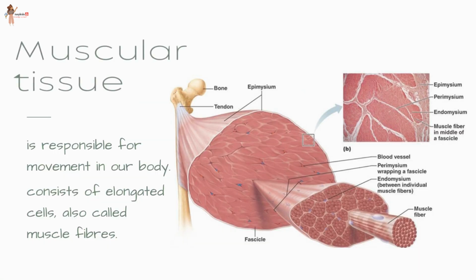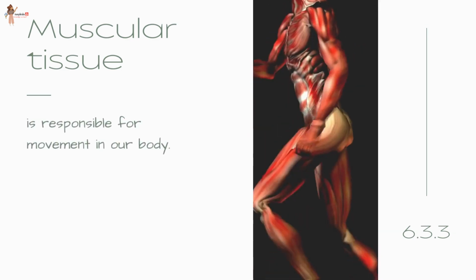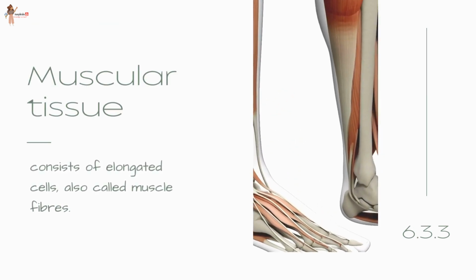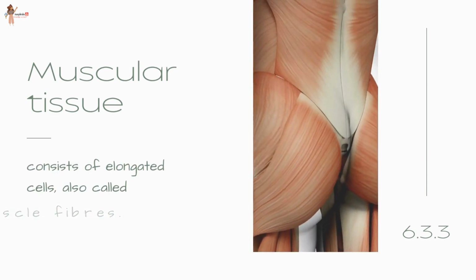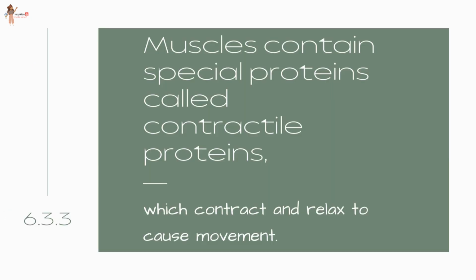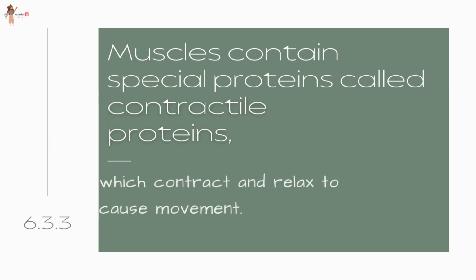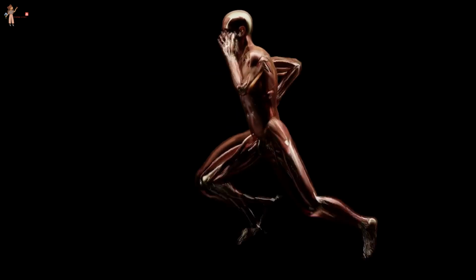Muscular tissue. Muscular tissue is responsible for movement in our body. This tissue consists of elongated cells, also called muscle fibers. Muscles contain special proteins called contractile proteins, which contract and relax to cause movement.